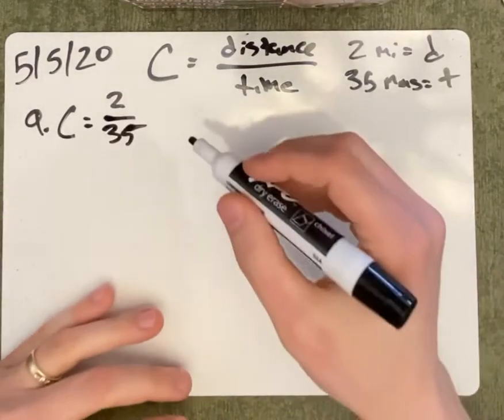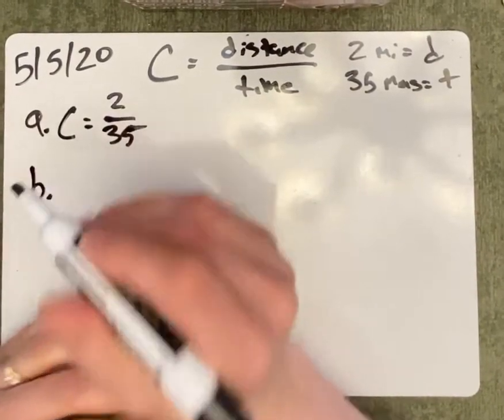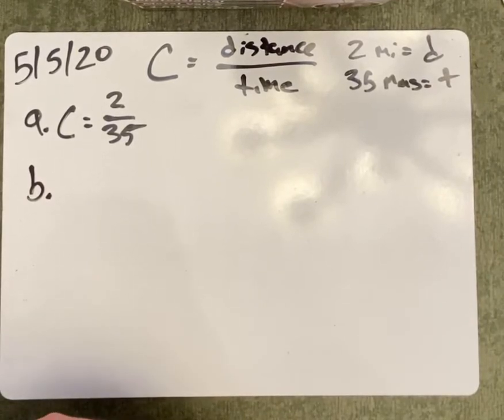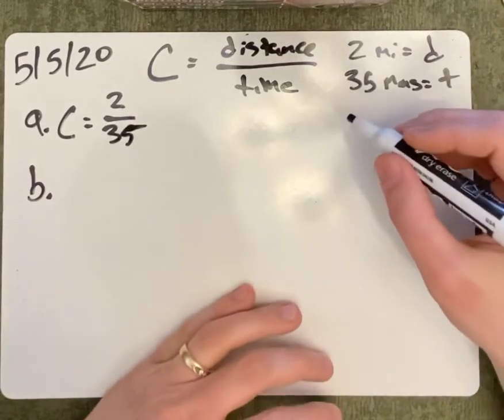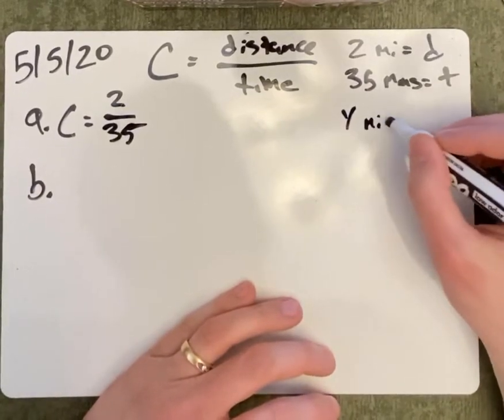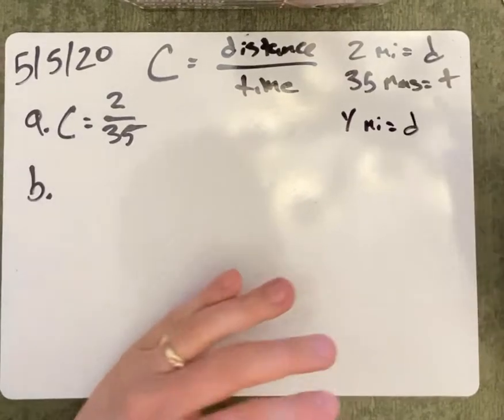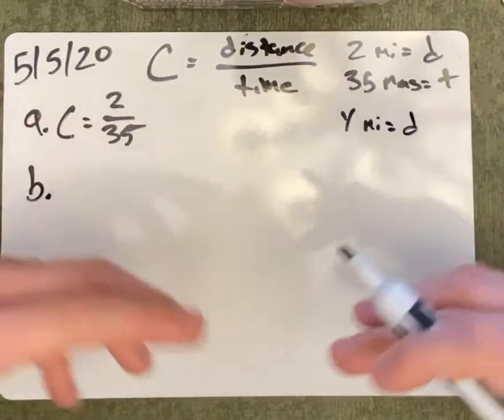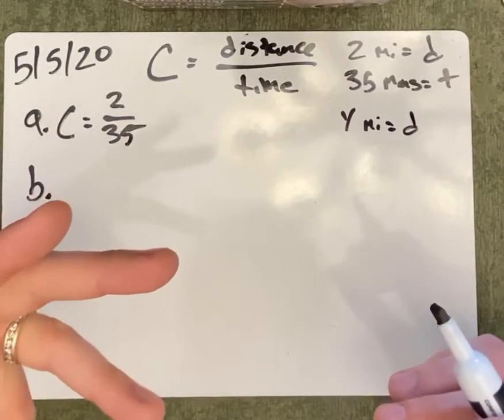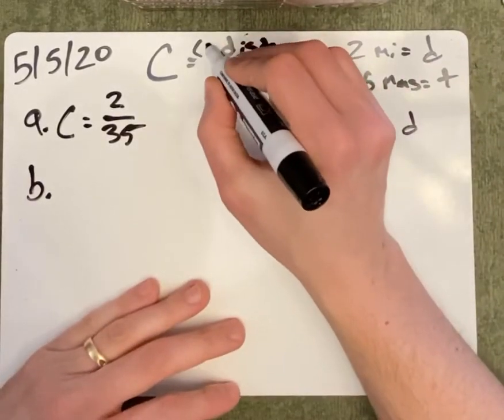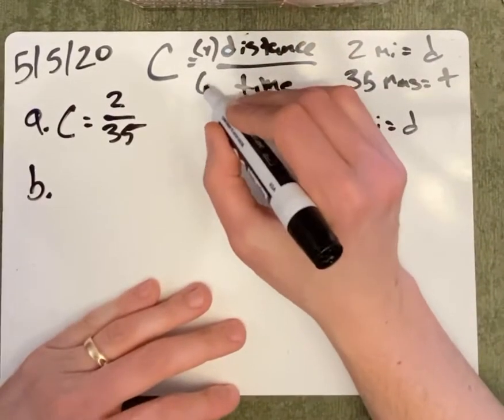All right, let's talk about part B. The fraction that represents her constant speed, C, if she walks Y miles in 10 minutes. Okay? So, Y miles. I don't know how far she walked, so I'm calling it Y. And when we do these problems, we like to say that Y is the distance and X is time.